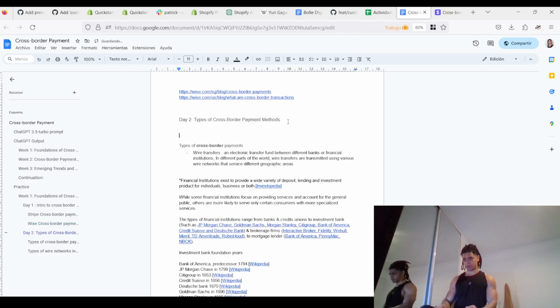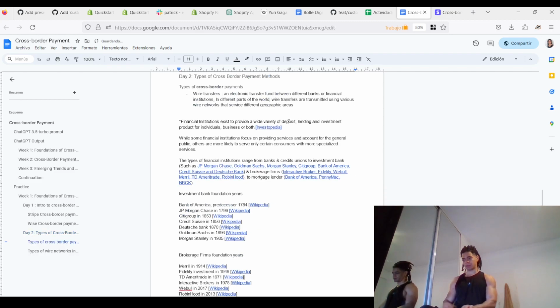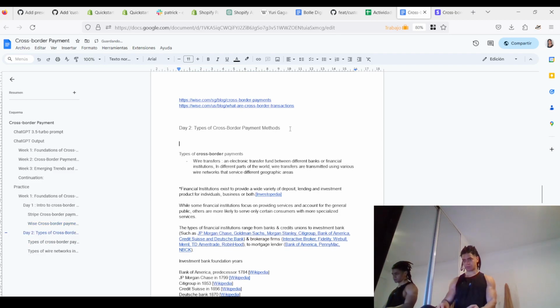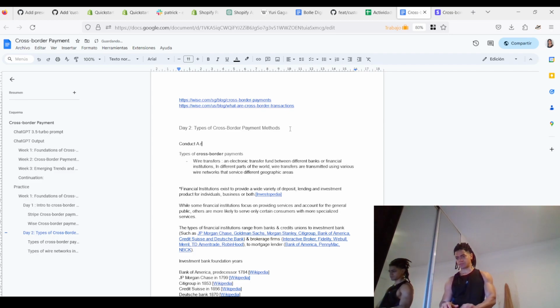So here we can say something like this: type of cross-border payment, conduct a research.